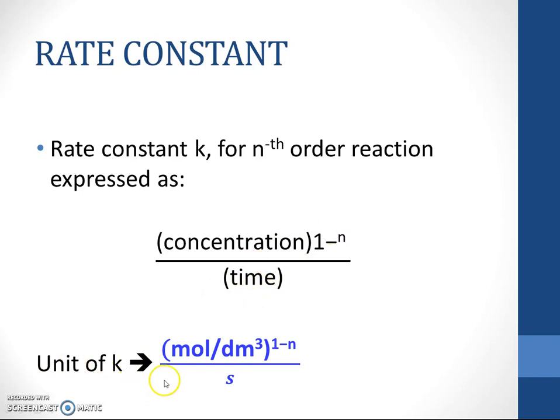So the unit of k becomes mole over decimeter cube, to the power of 1 minus n, over second. It depends on which order of reaction you are dealing with. If n equals 1, then 1 minus 1 becomes 0, so concentration to the power of 0 over time. So what will you get?